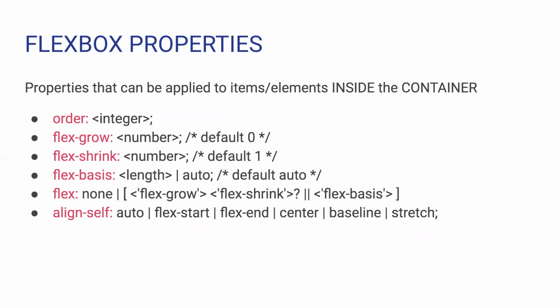And then these are the properties that can be applied inside of the container. Your paragraphs, your header ones, what else? Images, stuff like that, right? And this is an even shorter list, so nothing to worry about here.